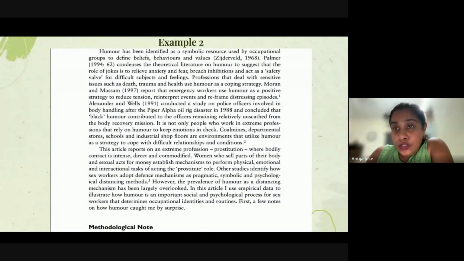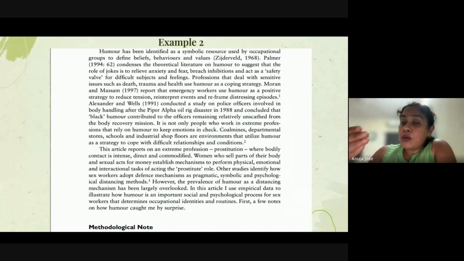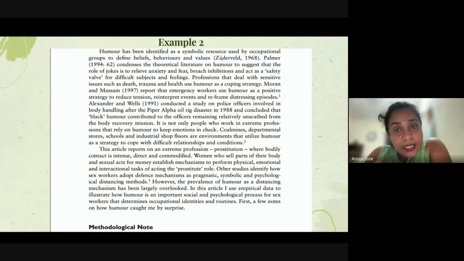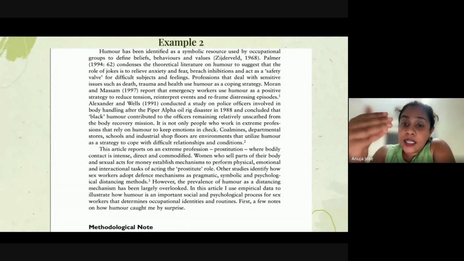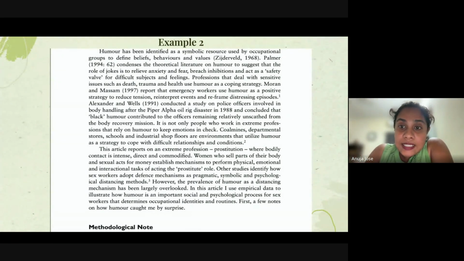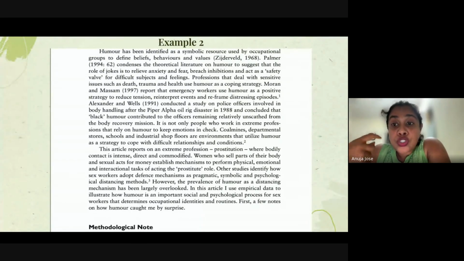In three different contexts, she's using three different studies, substantiating her idea, giving evidence to the fact that professions that involve a lot of difficult tasks and difficult emotions use humor as a coping strategy.